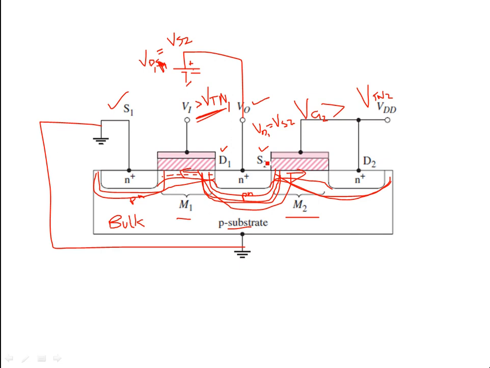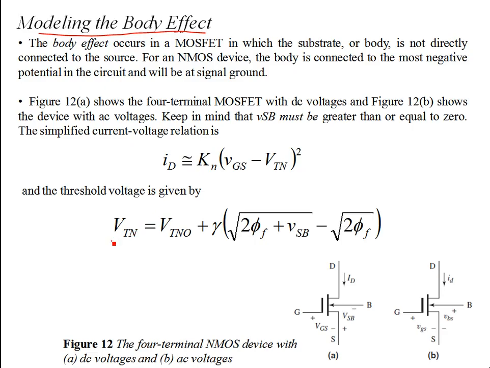So with respect to the bulk, or the common p substrate, there is a reverse biasing, which changes the channel width and in turn changes the threshold voltage requirement, therefore affecting the overall device performance. So due to the source-to-bulk voltage, or the reverse biasing that exists, the threshold voltage changes.